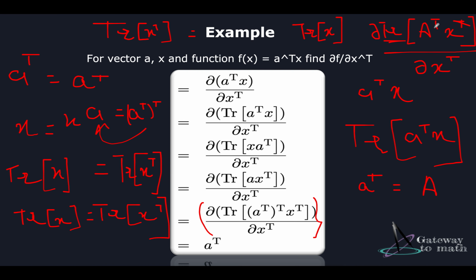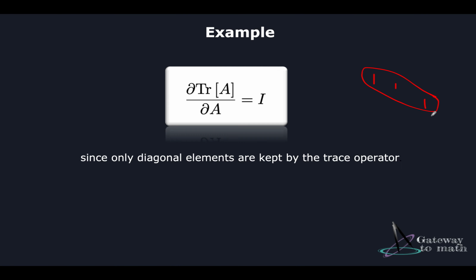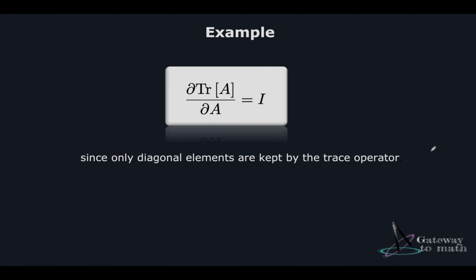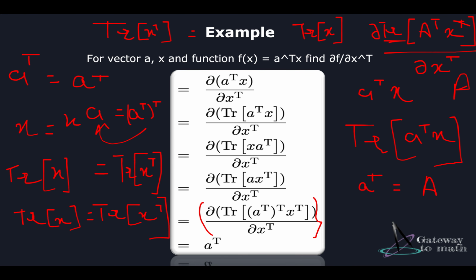Now I know that this value is A in the output, correct? Because this is our original derivation: transpose of A times x gives you the value A back. So I've gotten an A in this case, right?